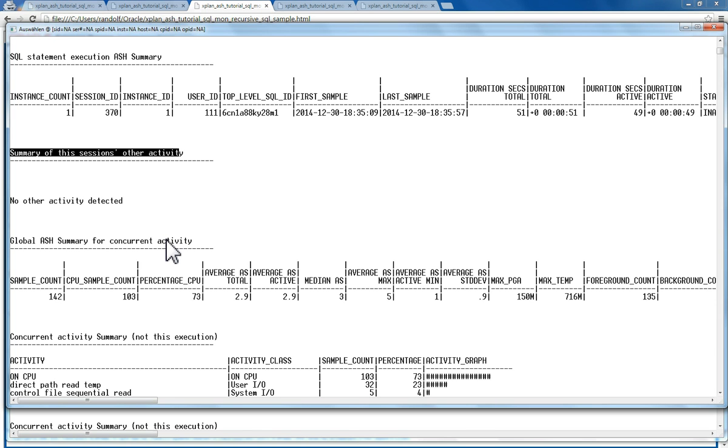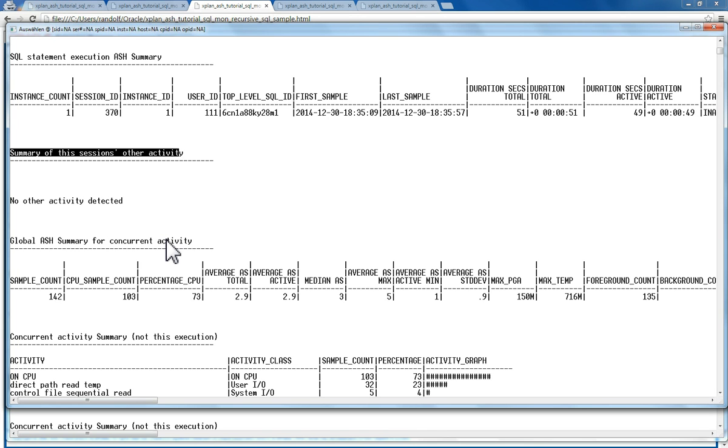So this is about the activity of all other sessions that were not involved in this SQL execution analyzed. This is information that you do not get from the real-time SQL monitoring. It is simply not part of that analysis, and it gives you an idea about what else happens on the system during the execution analyzed.